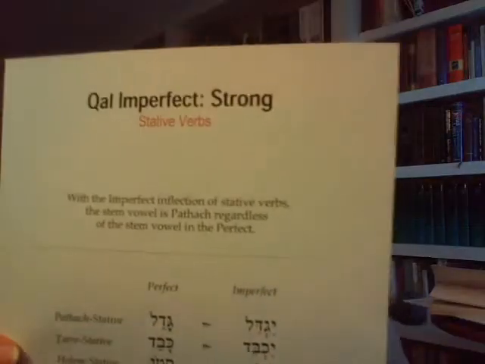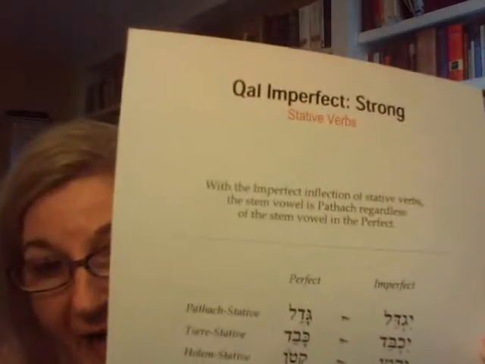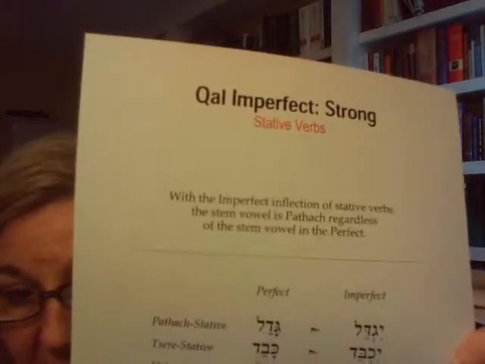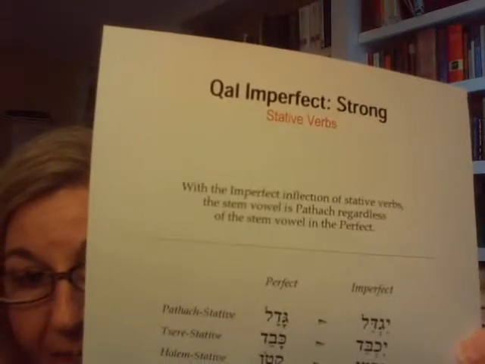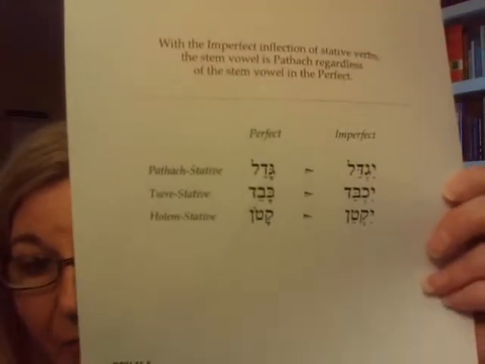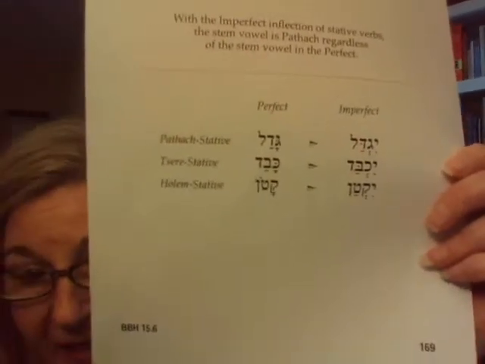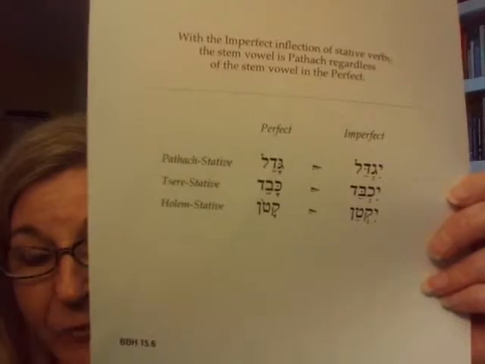You might want to brush up on that, because in the imperfect inflection of stative verbs, the stem vowel is going to be patach, regardless of the stem vowel in the perfect. So that stem vowel is always going to be marked by the patach, and that will be important for you to remember.